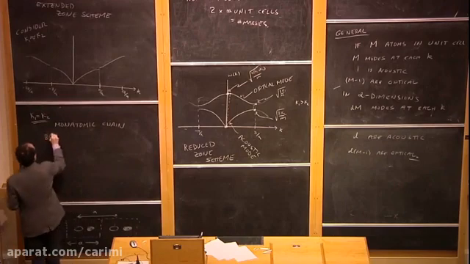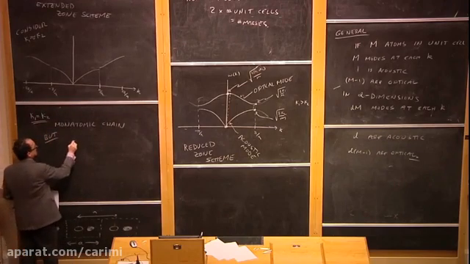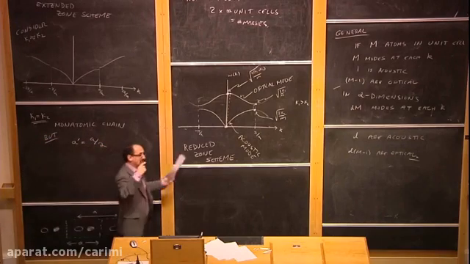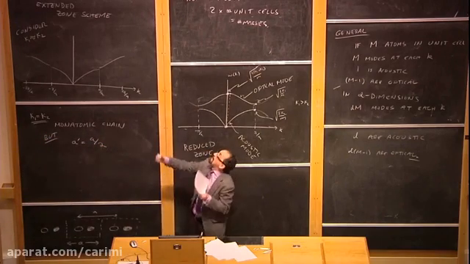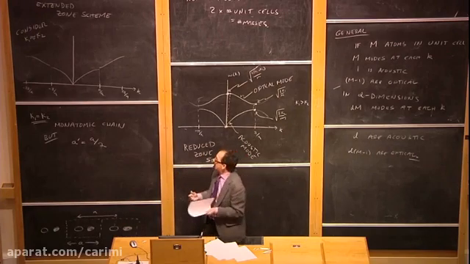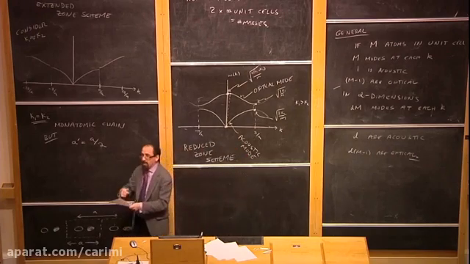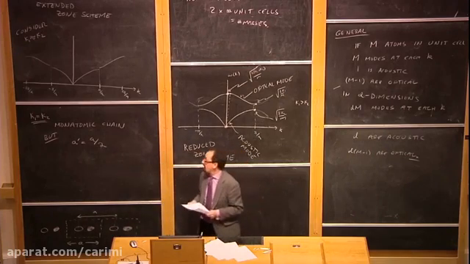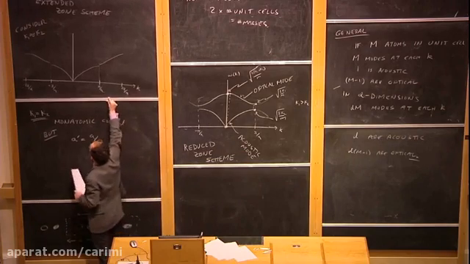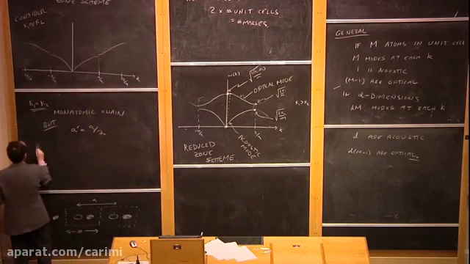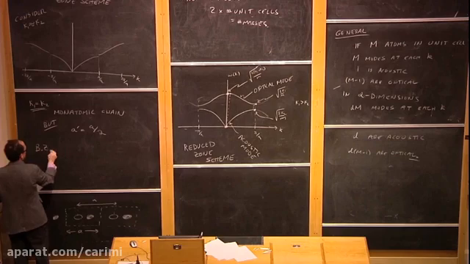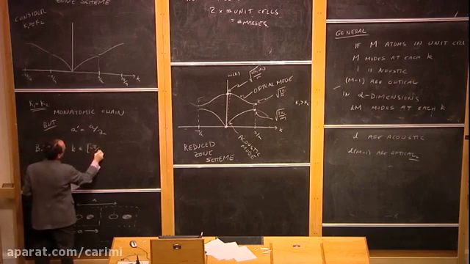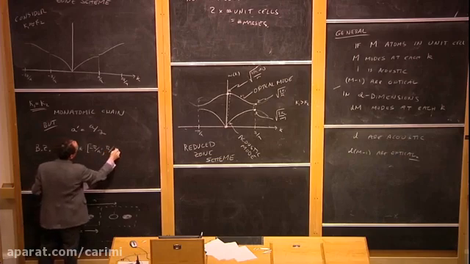But the lattice constant has changed. The new lattice constant is only half as big as the old lattice constant, because the white and black masses now are the same. They're the same object now, so we don't have to make a unit cell with 2 things. We now make a unit cell with only 1 thing in it. So the Brillouin zone, the BZ, now ranges from minus pi over a prime to pi over a prime.